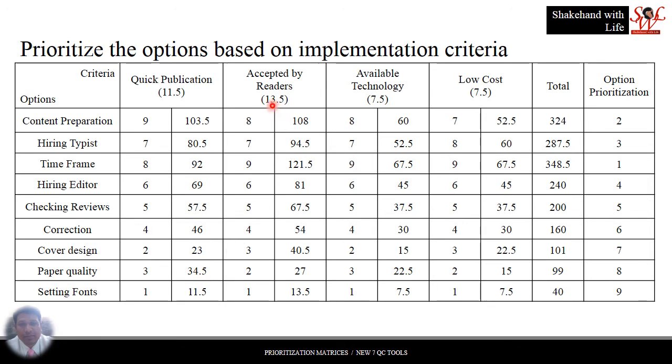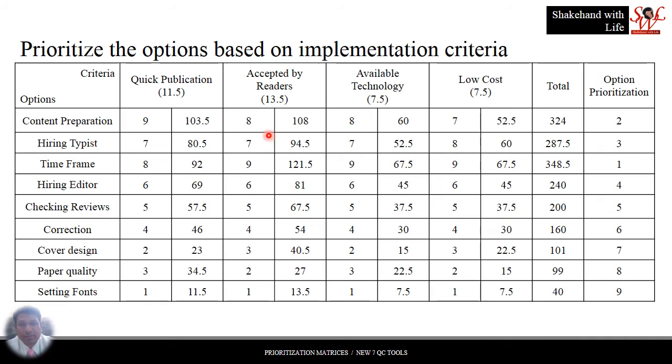Similarly, according to this criterion, the options are ranked as 8 for content preparation, 7 for hiring typist, time frame is 9, hiring editor 6, checking reviews 5, correction 4, cover design 3, paper quality 2, setting fonts 1.